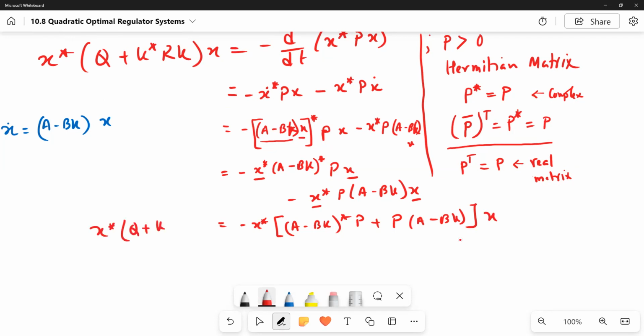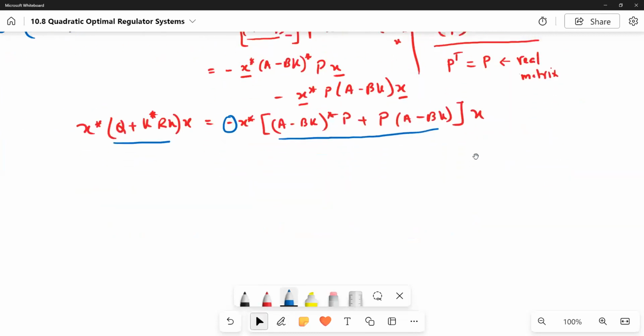Now if you compare these two equations, you can find out what the middle term is. You can see that this is equivalent to this, also with a negative sign, don't forget about this.